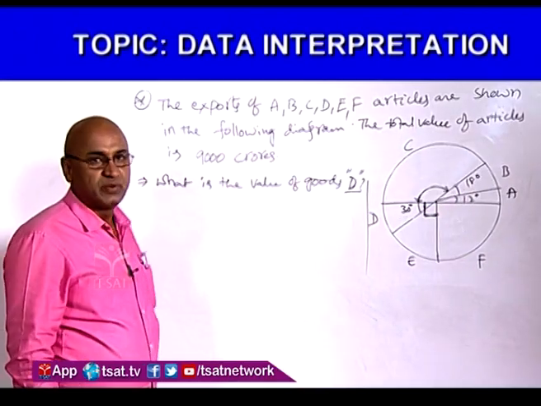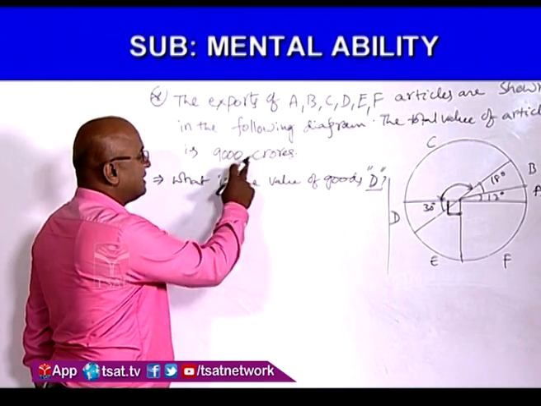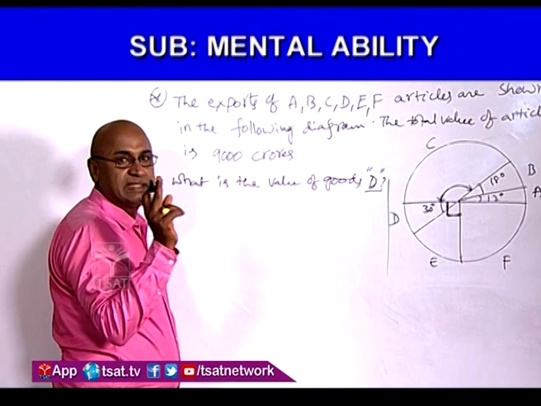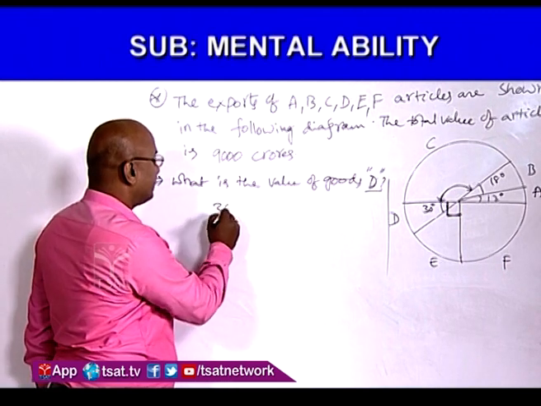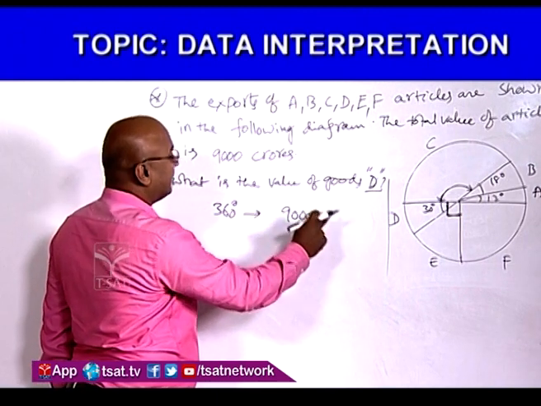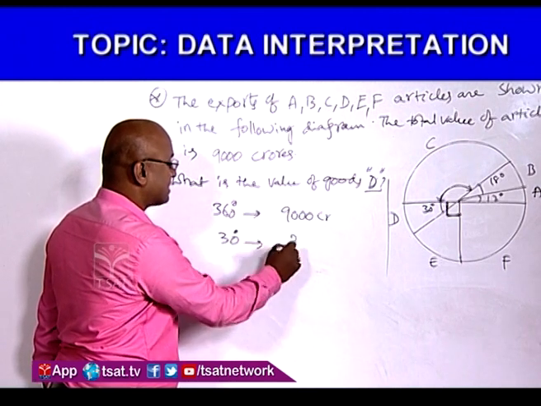What is the value of goods D? Now, total value of the article is 9,000 crores. Total angle is 360 degrees. If 360 degrees is equal to 9,000 crores, then the value of D, which is 30 degrees, how much?